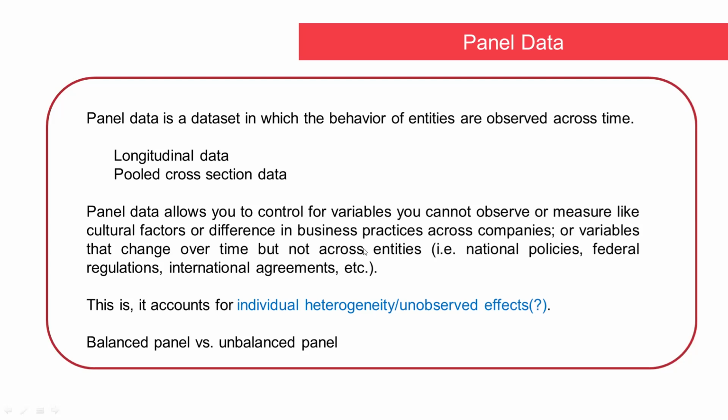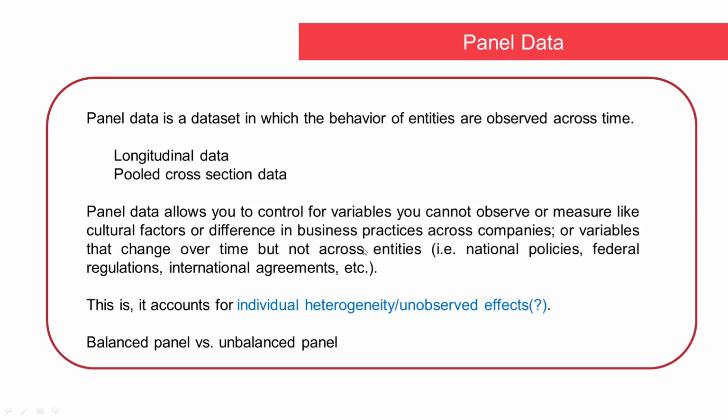Another thing, panel data allows for the study of dynamic behaviors and also the impact of past events on future outcomes. So this panel data is so important. As I mentioned earlier, panel data directly allows you to control for the variables you cannot observe or measure.